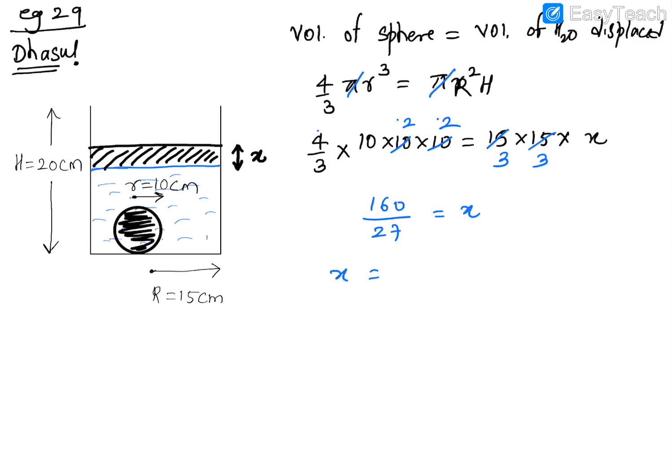So x is equal to 27 5s are 135, so 25 remainder upon 27 centimeter. This also is a wrong answer. You'll have to correct to 2 decimal places. Okay, that's the answer.